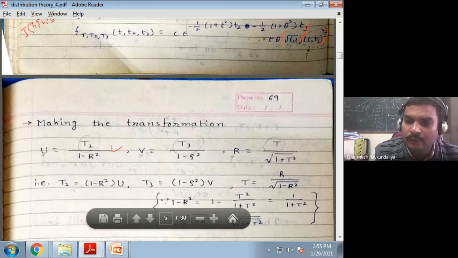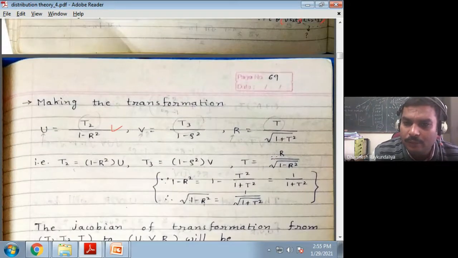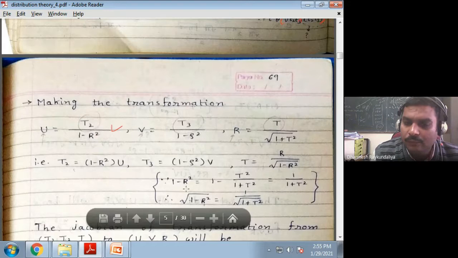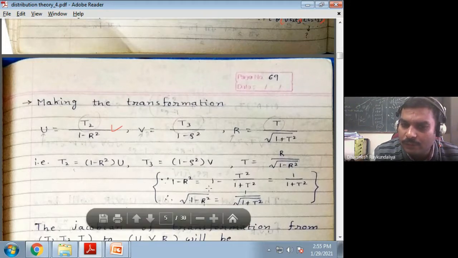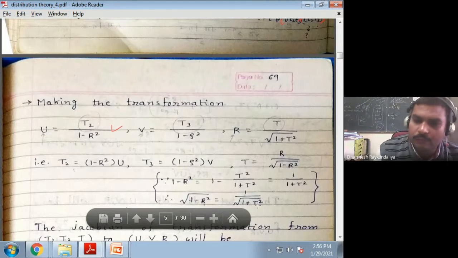So now we will try to see that if you write 1 minus r square, what will you get? 1 minus r square is t square upon 1 plus t square. So this is 1 plus t square minus t square upon this, it is 1 upon 1 plus t square. So if you take the square root both sides, square root of 1 minus r square is equal to 1 upon square root of 1 plus t square.